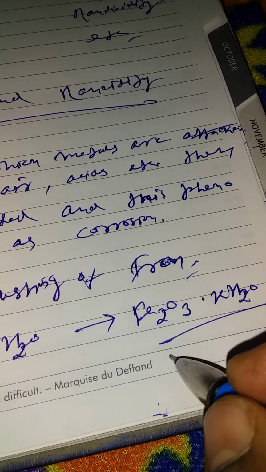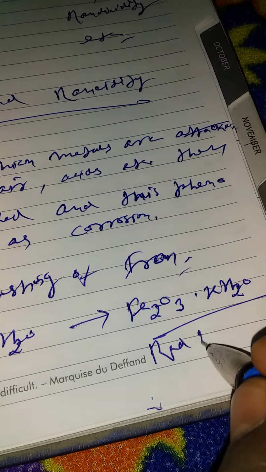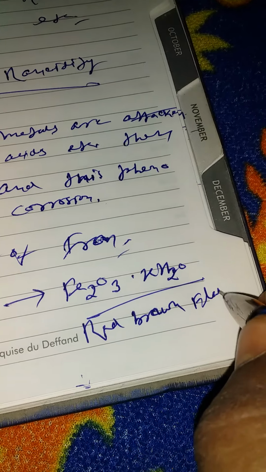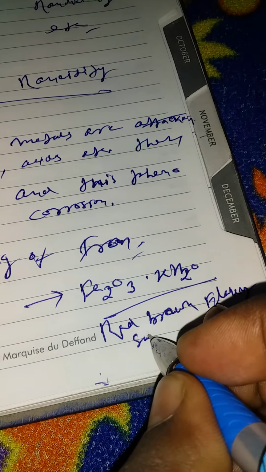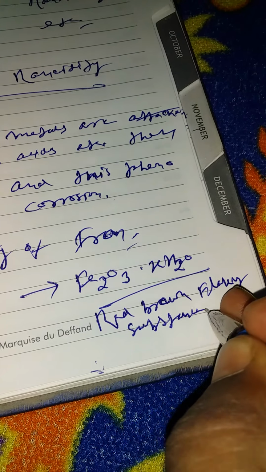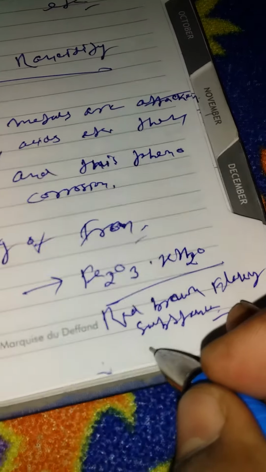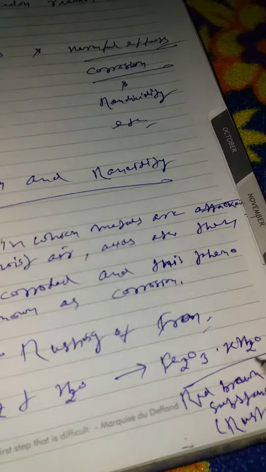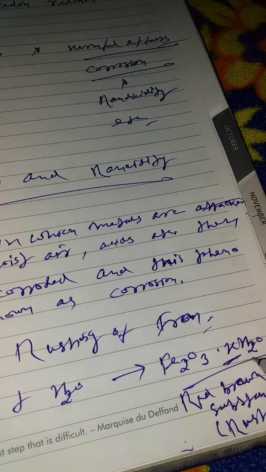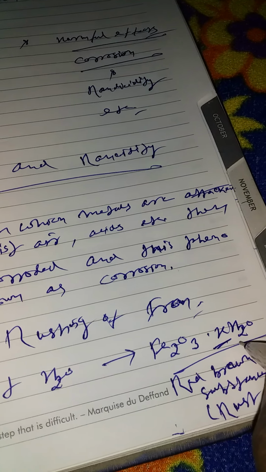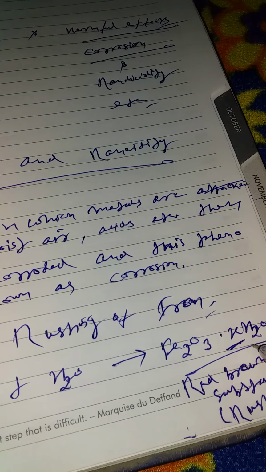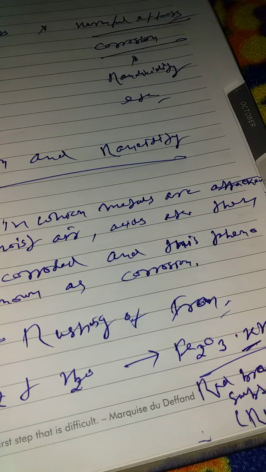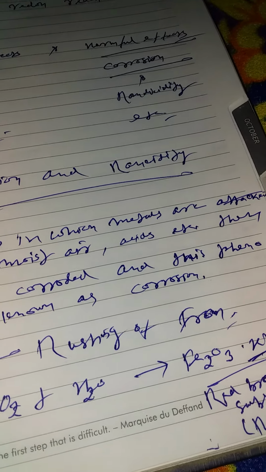This is red brown flaky substance known as rust. Here we use X, and this X is variable because the amount of moisture in air differs from time to time. That's why we use the term X variable.